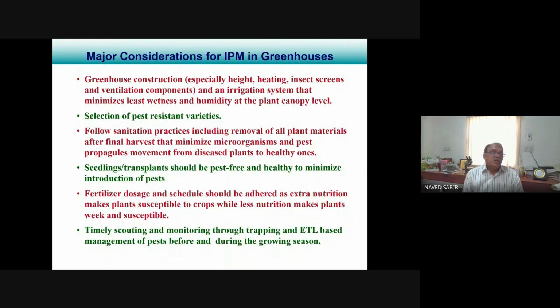So if you are going to transplant a vegetable, for example tomato, cucumber, or capsicum, then you have to grow it in a safe insect-proof nursery, with soil-less cultivation of the nursery, so that any pests and diseases do not enter the greenhouse in the first place. Similarly, integrated pest management also requires integrated nutrient management.